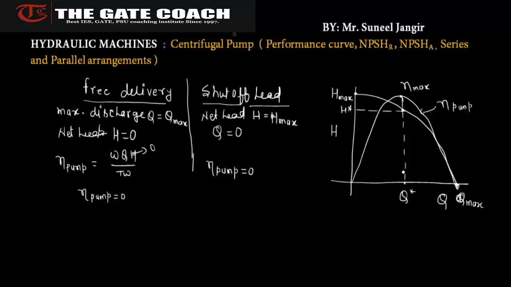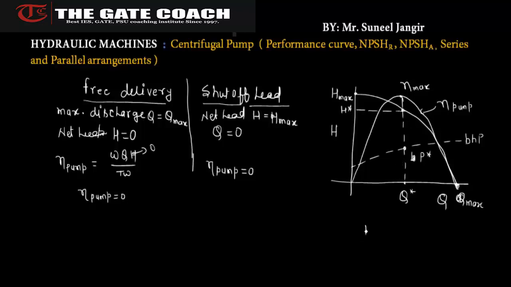Now if we take the brake horsepower, it will look like this one. This is brake horsepower, and at the best efficiency point, let me say this is P star, the power at the maximum efficiency point.